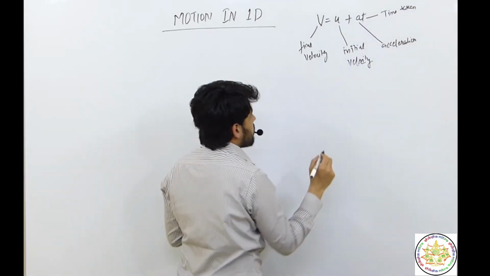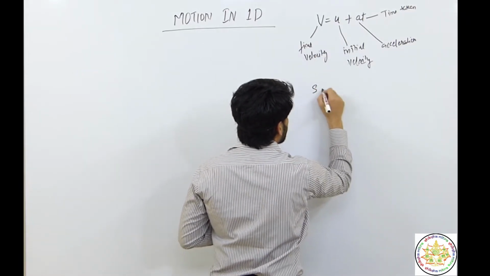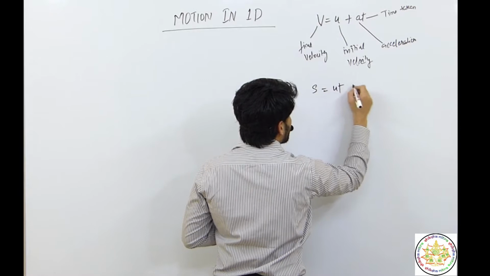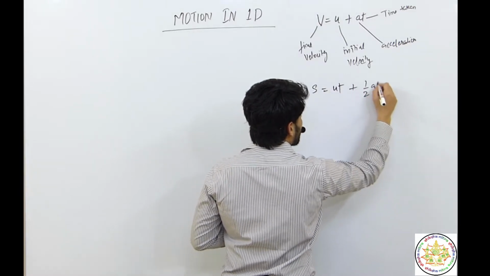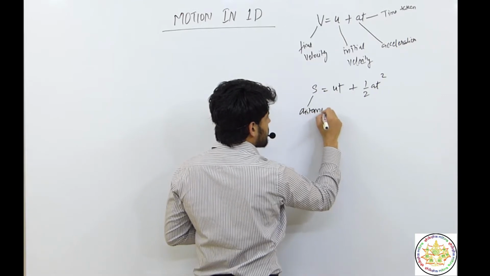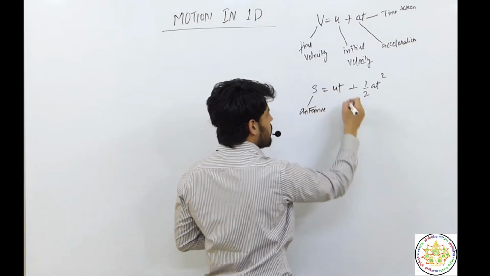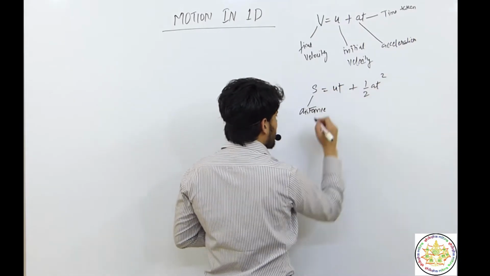There are three equations of motion: V equals U plus AT, S equals UT plus half AT square, where S is the distance covered due to this motion, with initial velocity U and acceleration A.